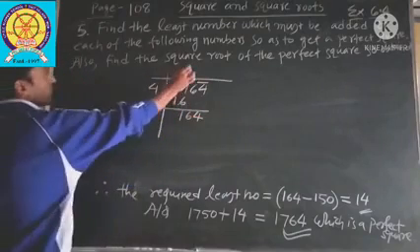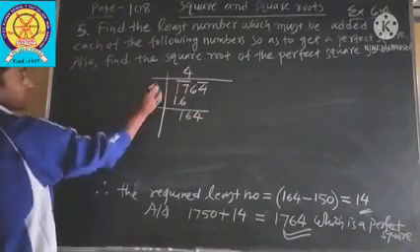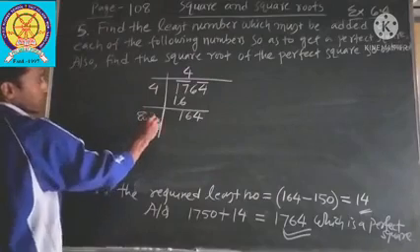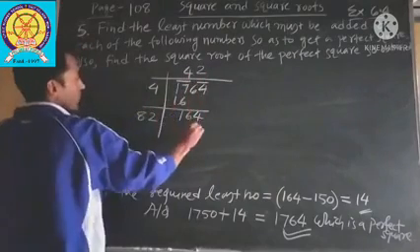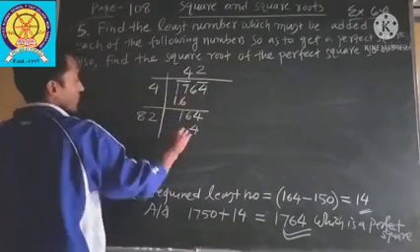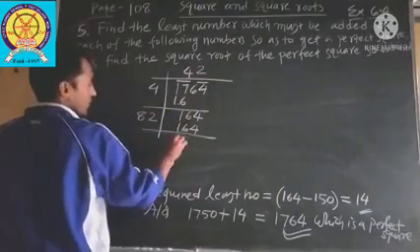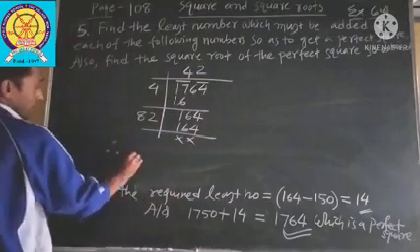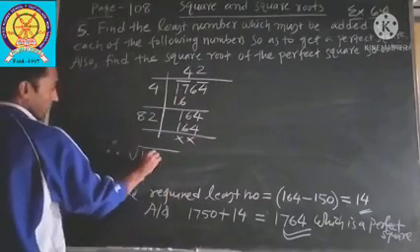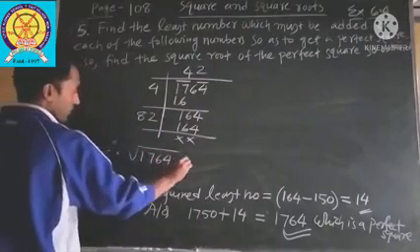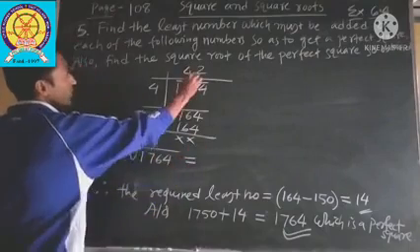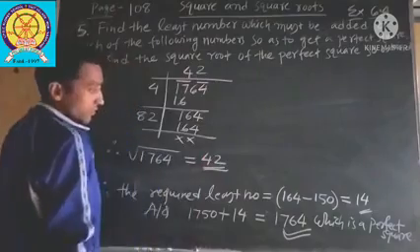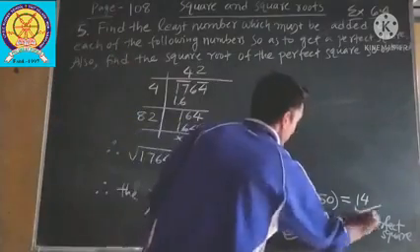When you double the quotient, you get the next divisor. 4 2s are 8. Now you give 2 times. 2 2s are 4, 8 2s are 16. We have no remainder. Therefore, the square root of 1764 is 42.